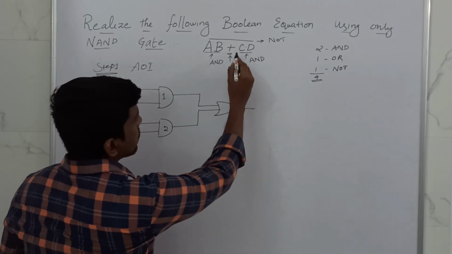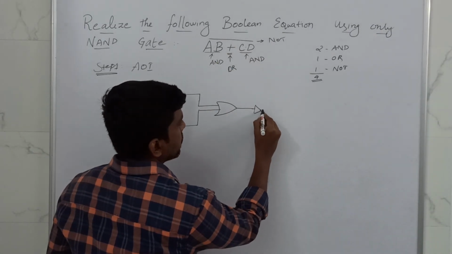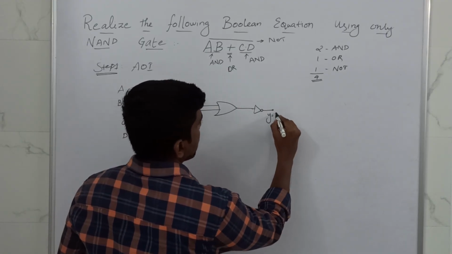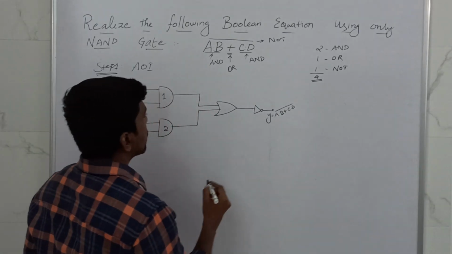Then I need the complement form of this expression, so I use one inverter. After the inverter you will get A dot B plus C dot D, the whole bar.